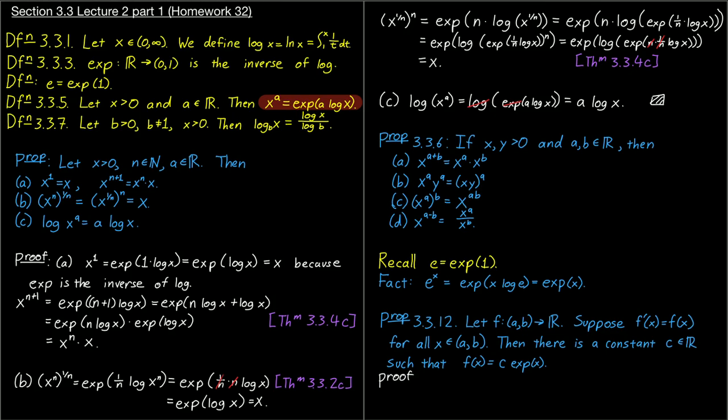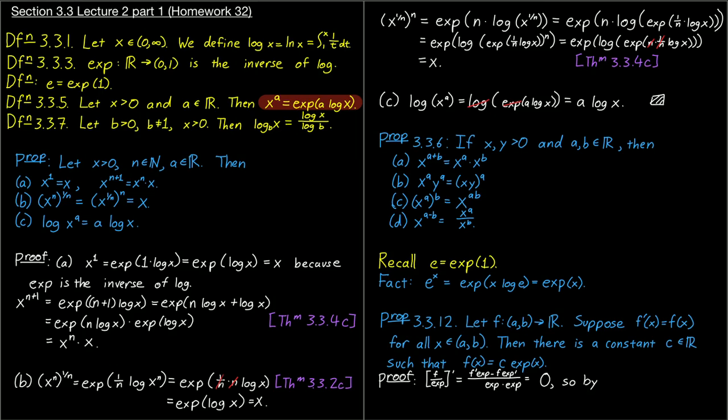And the proof is fairly straightforward. So let's take f over exp, and take its derivative. By the quotient rule, it is f prime of x times exp of x minus f of x times exp prime of x, over exp of x squared. But because f and exp are both their own derivatives, this is just 0.